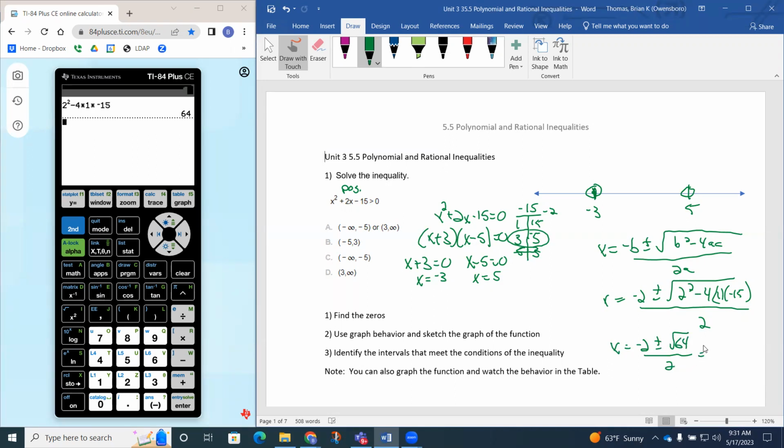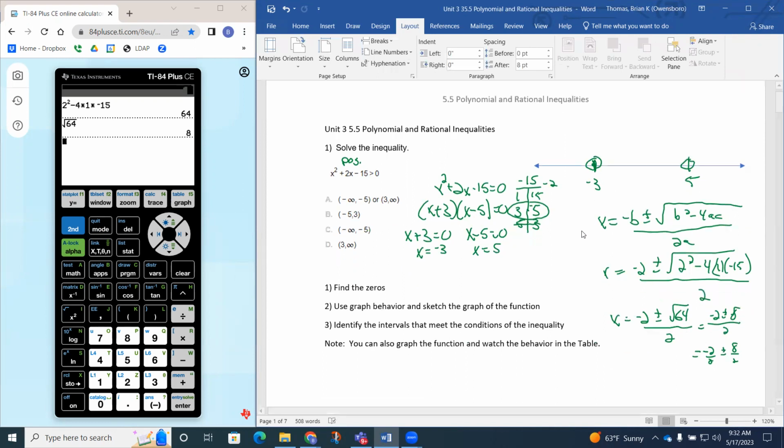Now, since 64 is a perfect square, we know that 8 squared is 64. The square root of 64 should be 8. So what we have then is negative 2 plus or minus 8 over 2. So if we separate this apart, then we have negative 2 over 2 plus or minus 8 over 2.